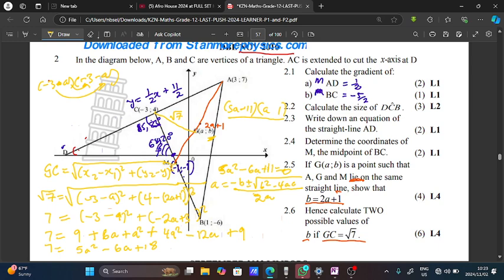What went wrong? Minus 12 to minus 20. Where?